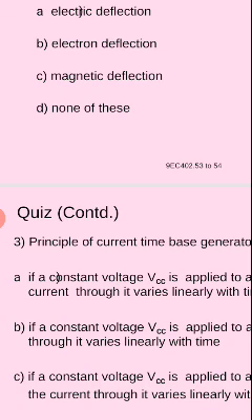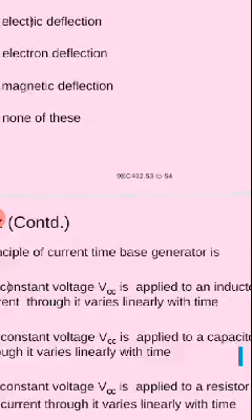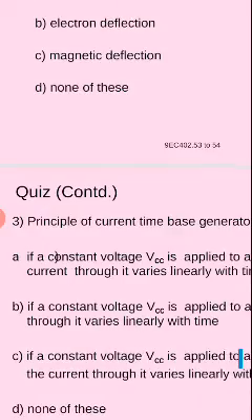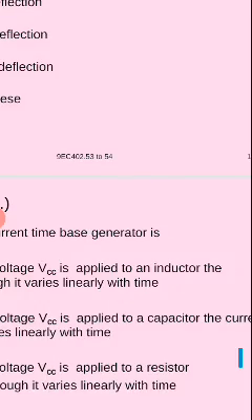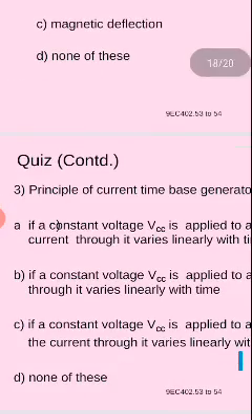Principle of current time-based generator. The principle is: if a constant voltage VCC is applied to an inductor, the current through it varies linearly with time.